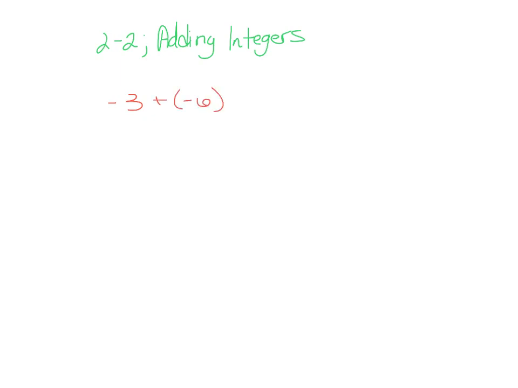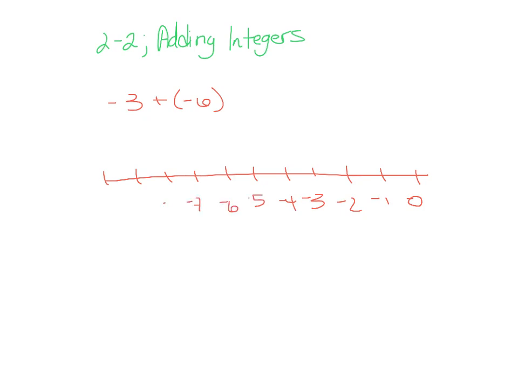Okay, so they want us to draw a number line. Let's start at 0. Negative 1, negative 2, negative 3, negative 4, negative 5, negative 6, negative 7, negative 8, negative 9, negative 10.